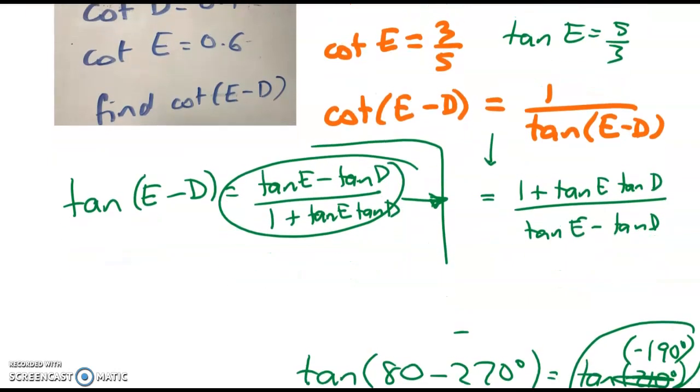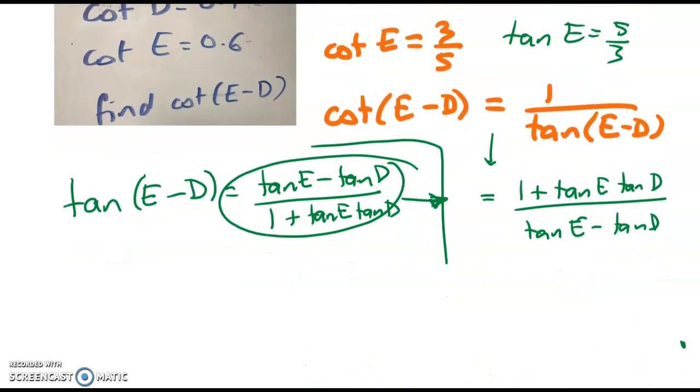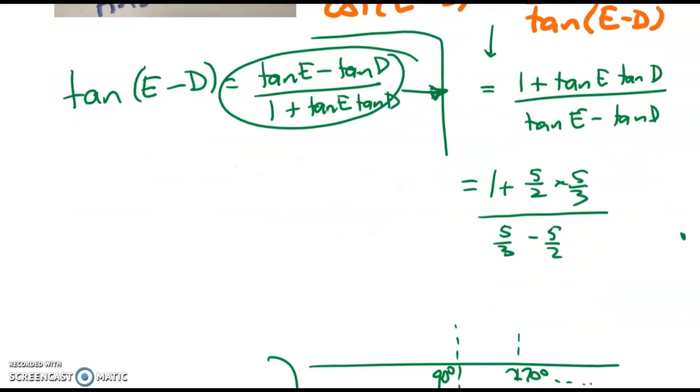So putting all of that together and erasing that mess from the last video, we've got 1 plus 5 over 2 times 5 over 3 divided by 5/3 minus 5 over 2, which looks like the kind of thing I'd give my Year 9s for some fractions revision. Maybe I'll do that next week.